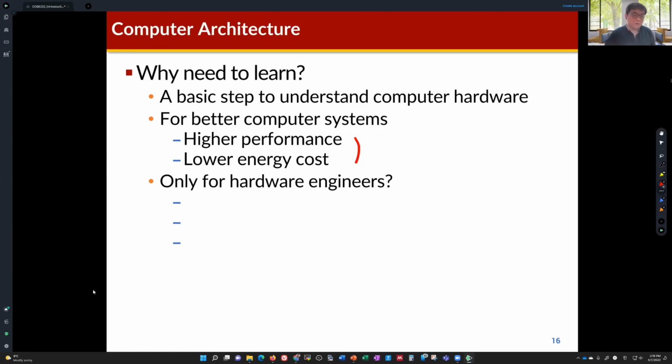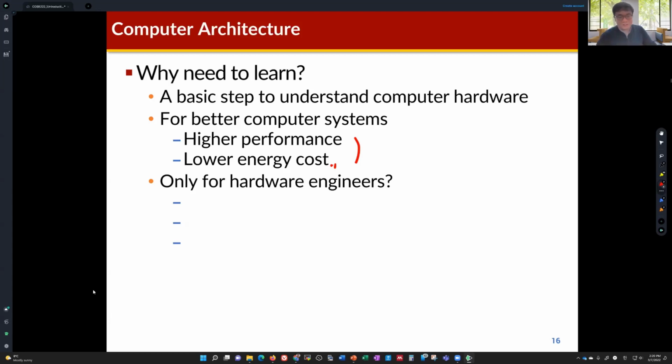Also, one that consumes lower cost, and the main cost of a computer system is electric power, that is, power or energy consumption. Low energy cost is very critical. So if we want to build better computer systems with higher performance or low energy consumption, you need to understand how computer hardware works.